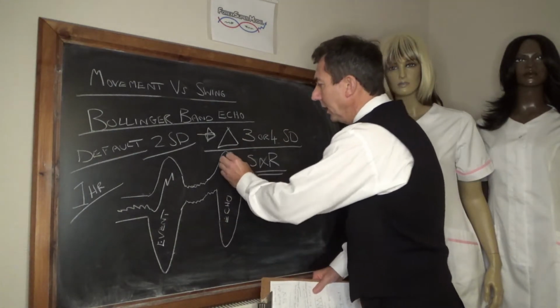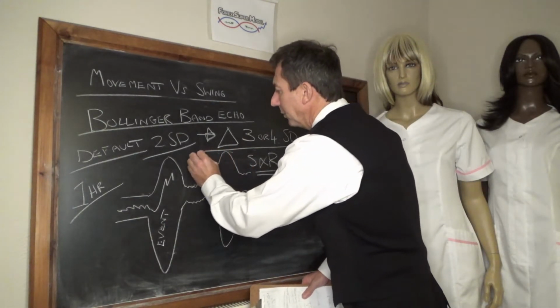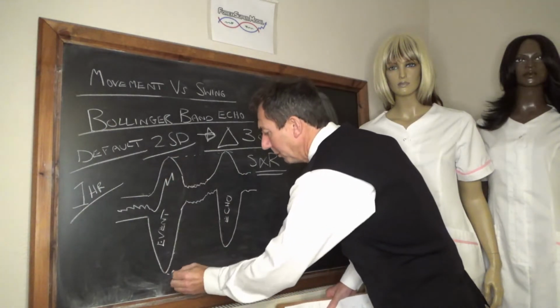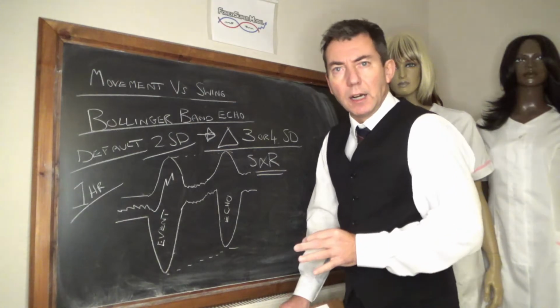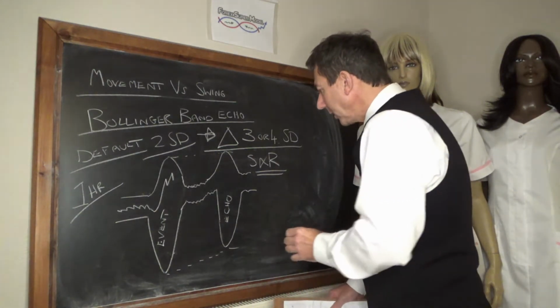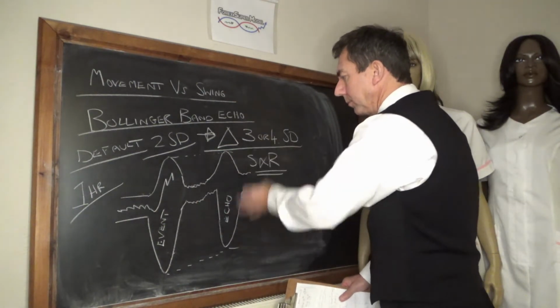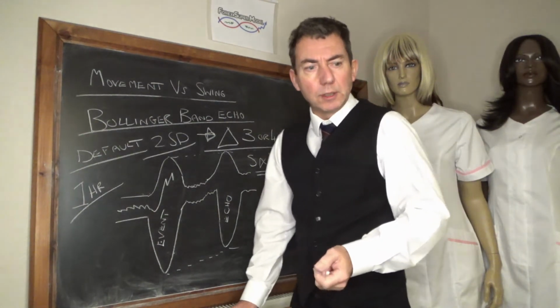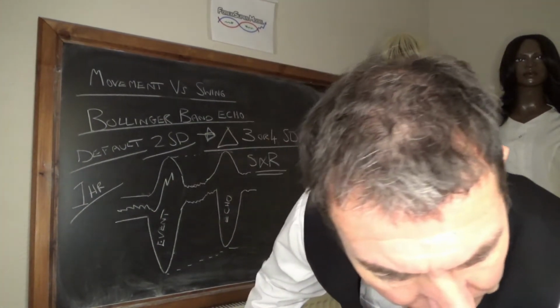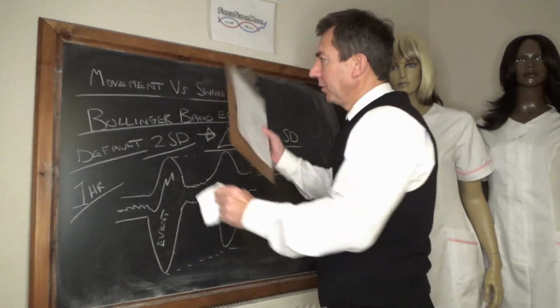It could be the top or it could be the bottom, and there's all sorts of implications in that, and you tend to get this double barreled echo. So that's something to look out for and think about. Now let's just tidy up a few things.